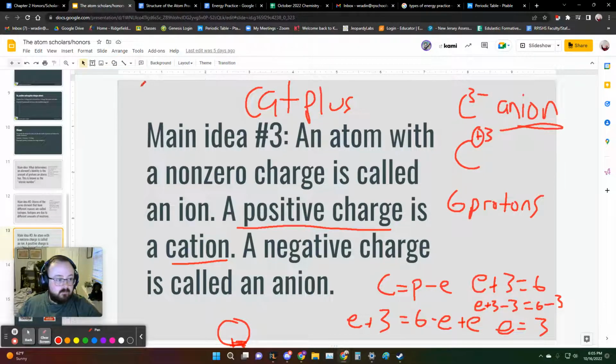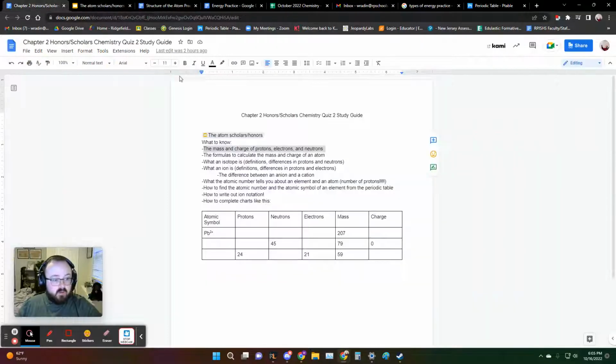Alright, so heading back here, what an ion is, differences in protons and electrons, it's what causes it is due to the electrons. What the atomic number tells you about an element, I wrote it here with 4 exclamation points, so you really remember it. That is how many protons there are.